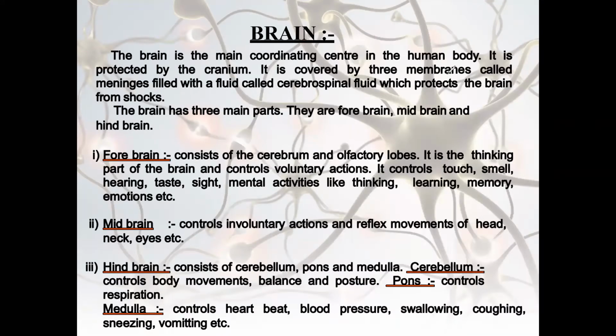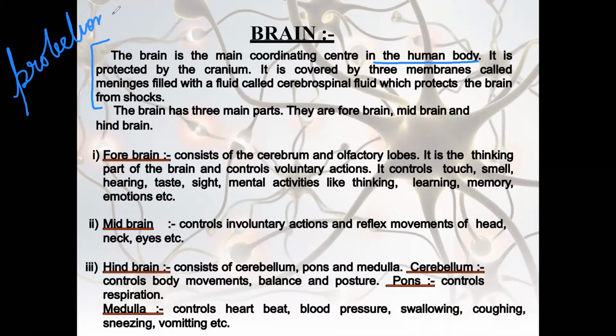Now we are moving to the main part of the CNS, that is the brain. The brain is the main coordinating center in the human body. Now this entire section is about the protection of the brain.